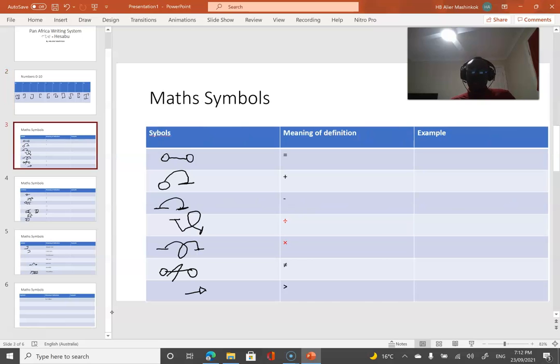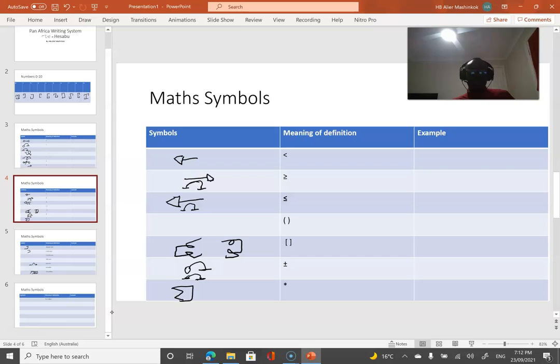Let's say the equal sign, plus sign, minus sign, division, multiplication, equal or not equal to, greater than, minus or plus. These are parentheses, and all of those characters are mainly what I use a lot in maths.